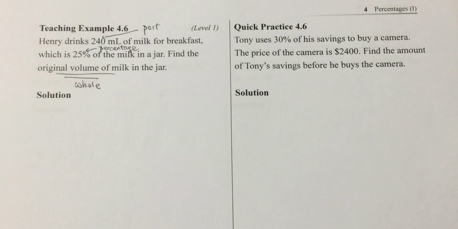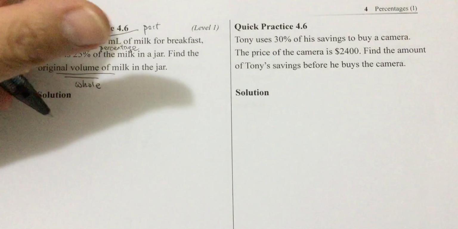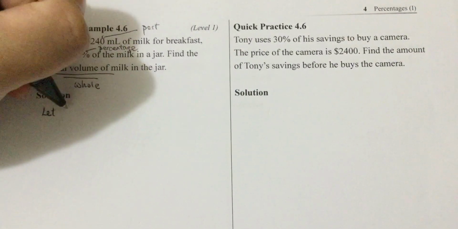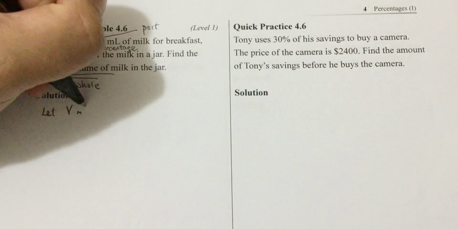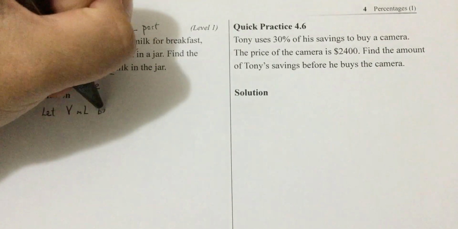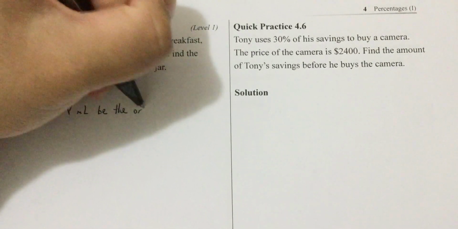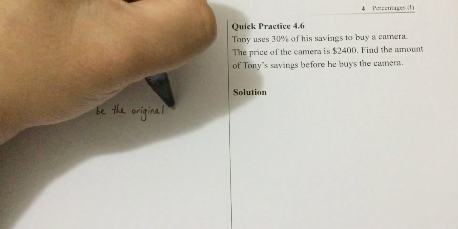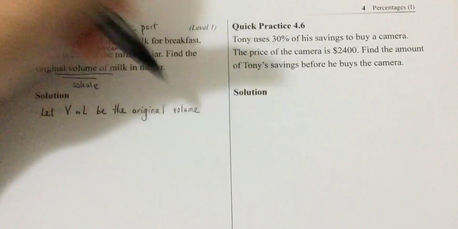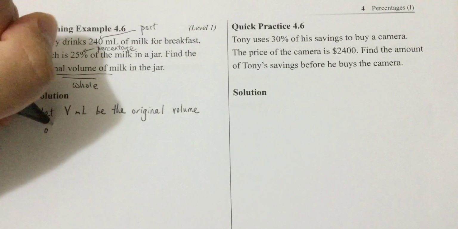I'll give you 15 seconds to do something. But before that, we must let something first. Let V, the big V, in ml, be the original volume of milk in the jar.